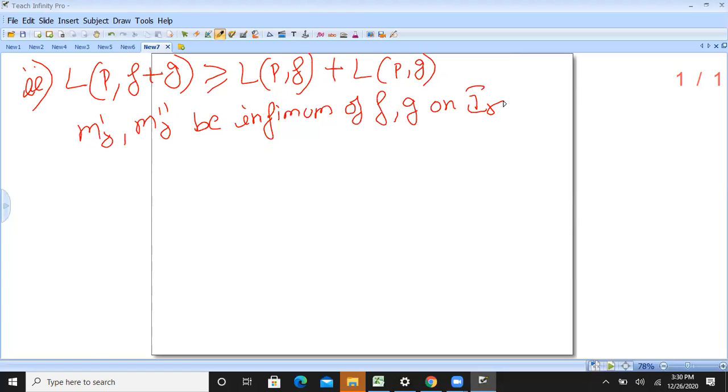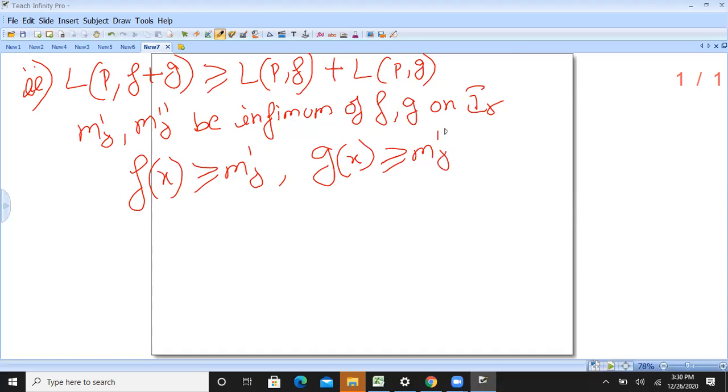So on IR, for that we can say that f of x is greater than or equal to mr dash, g of x is greater than or equal to mr double dash, for all x belongs to IR.